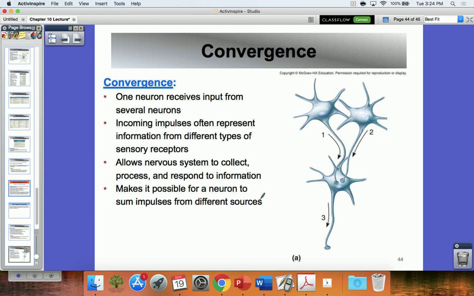So there are two ways that they can work. The first is convergence, which basically means that we have two neurons within a neural pool acting on another. And again, depending on if they're excitatory or inhibitory, it will cause this neuron, the postsynaptic neuron, to do what it needs to do.